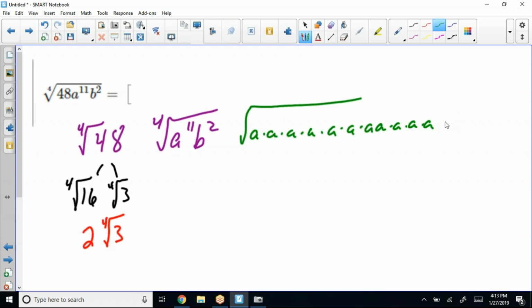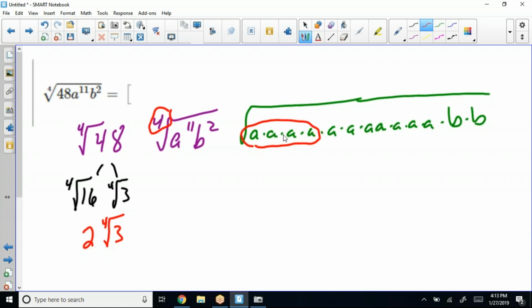Yeah. So this is expanded out, right? This tells me that I need to have groupings of 4 in order to bring one of those out. So there's one grouping, here's 2 groupings. I don't have another one left over, right? So I could bring 2 of those A's out. So that would be 2A squared times the 4th root of 3.